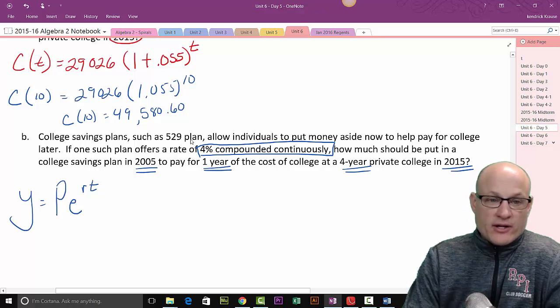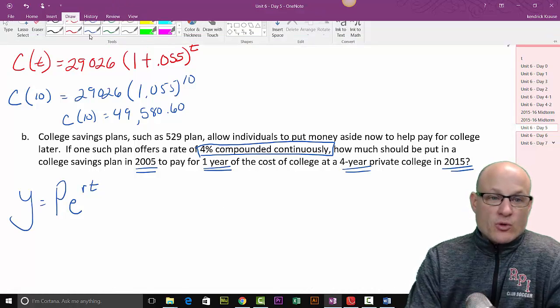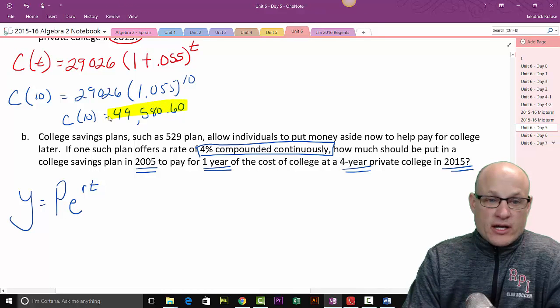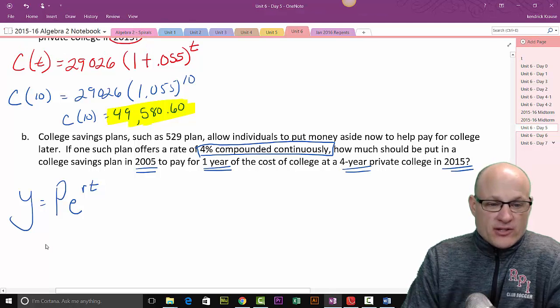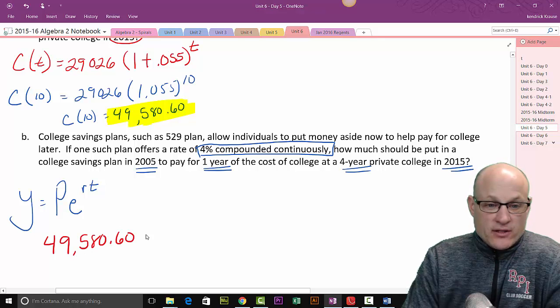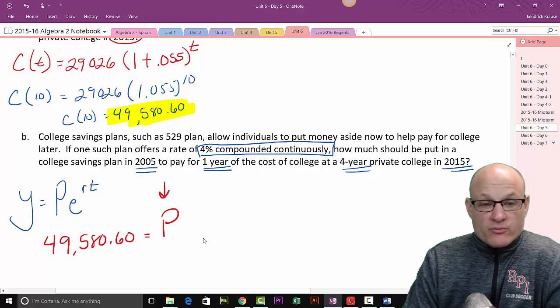So we're going to use what we just figured out. We just figured out that for 1 year of college, it's going to cost $49,580.60. So that's our Y. $49,580.60 is equal to, we don't know what we're going to start out with.